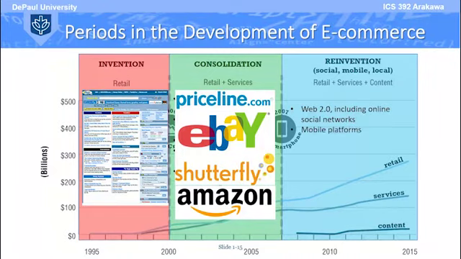Alright, so let's get back to some of the key factors in the reinvention phase, also including mobile platforms with smartphones, local commerce, and that is based on location, and obviously having a smartphone and the location settings there lead to the idea of where the person is, and to serve them up the appropriate ads for businesses in that area.